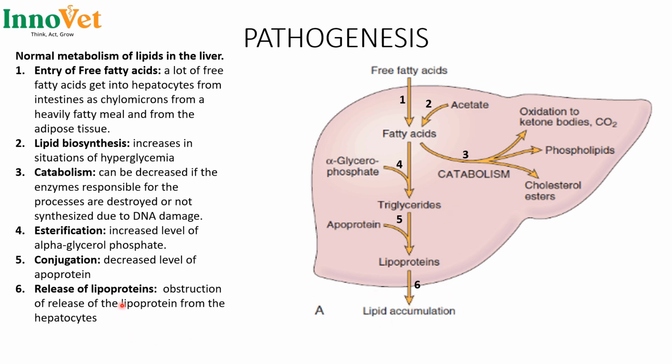Then also, if the hepatocytes fail to release the lipoproteins due to maybe membrane damage, you can have these lipoproteins converted back to lipids, and hence you will have lipid droplets filling up in the cell.